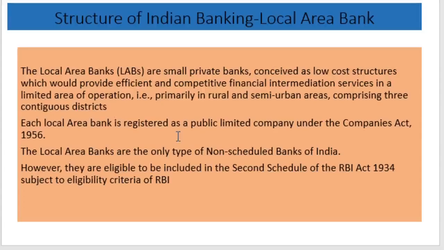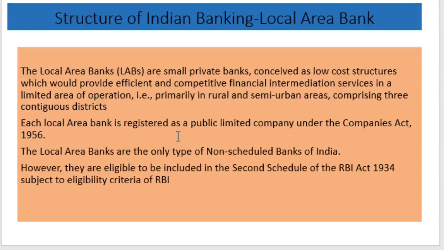Another category of banks is the local area bank. Local area banks are small private banks, and they are usually low cost banks, and they provide efficient and competitive financial intermediation and services in a limited area of operation. They function mainly in the limited area, that is, mainly in rural and semi-urban areas. They are registered as public limited companies under the Companies Act 1956.